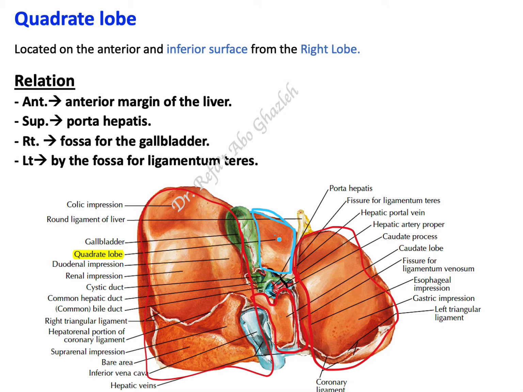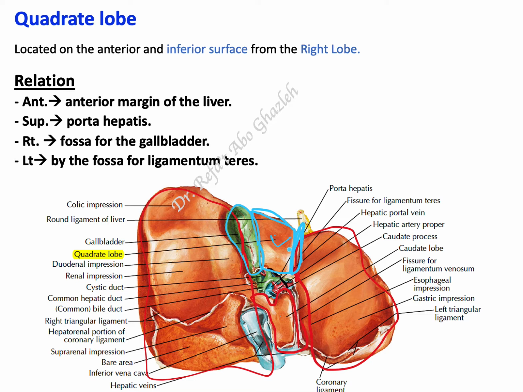We can see it on the visceral surface of the liver between the gallbladder and this ligament, which is the round ligament of the liver.